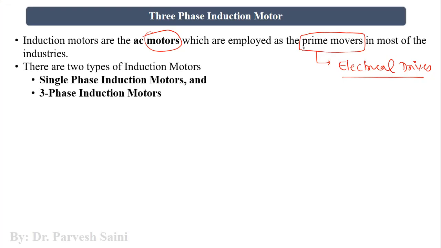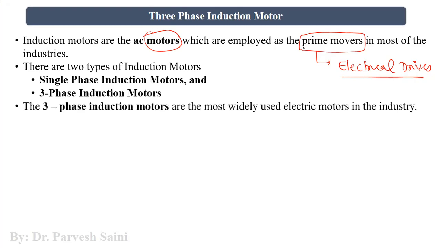As I have already mentioned, there are two types of induction motors. The first is the single phase induction motor, which works or operates on single phase supply. Then we have the three phase induction motor, which is the topic of our lecture.